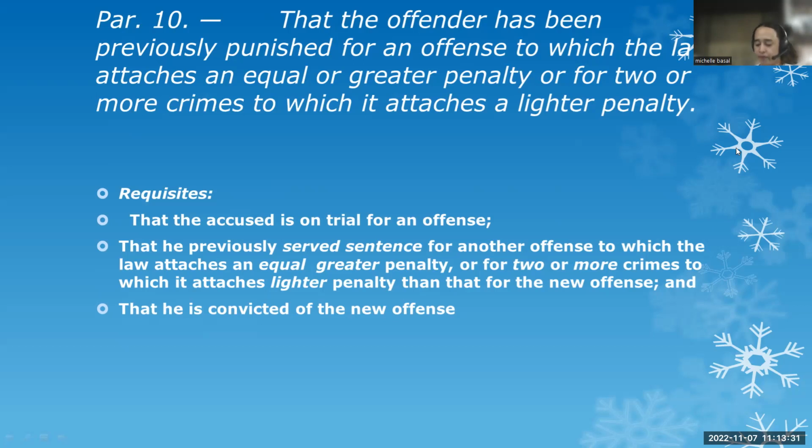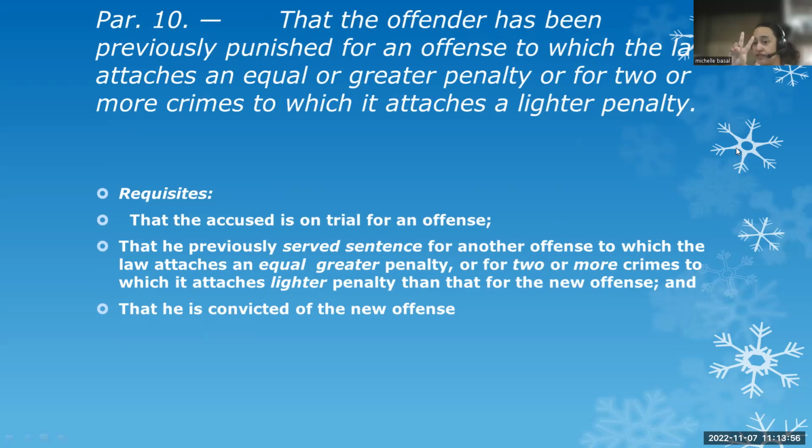So for example, no, he was convicted for less serious physical injuries. And then the second one, he was convicted for theft. No, so that's where the aggravating circumstance under paragraph 10 enters. So the requisites would be that the accused is on trial for an offense.